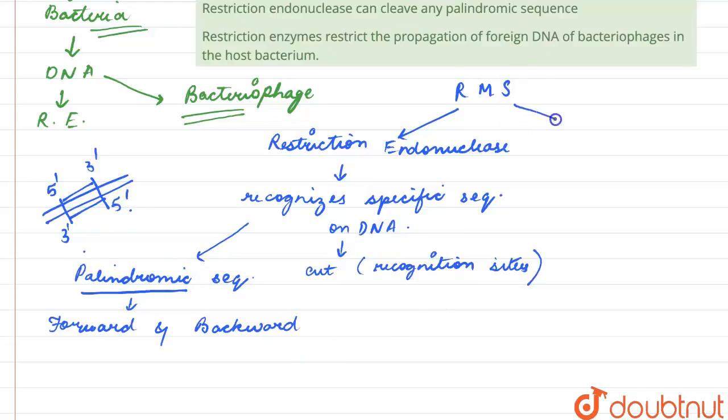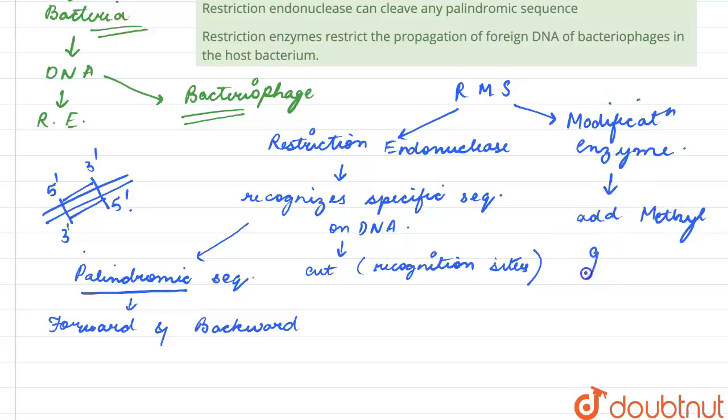And the second enzyme present in the restriction modification system is called the modification enzyme. The function of this modification enzyme is to add a methyl group at the ends cut by the restriction endonuclease.